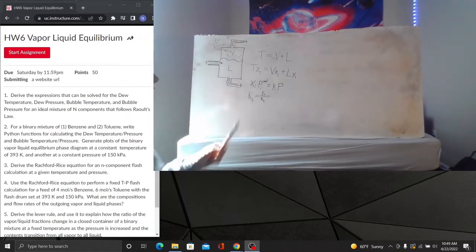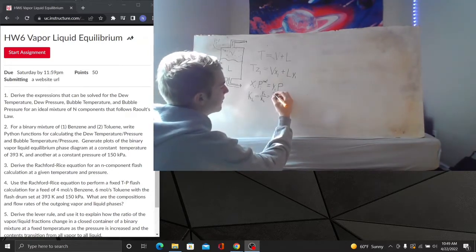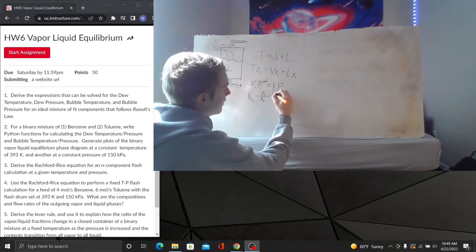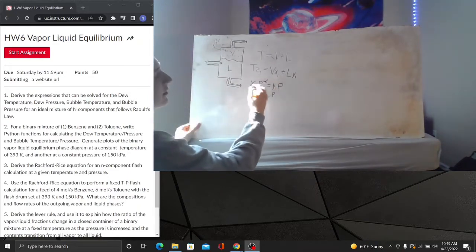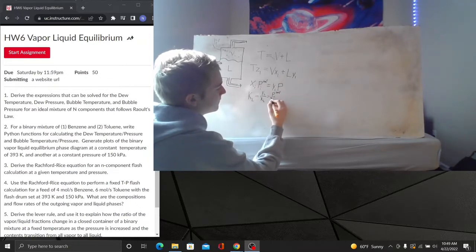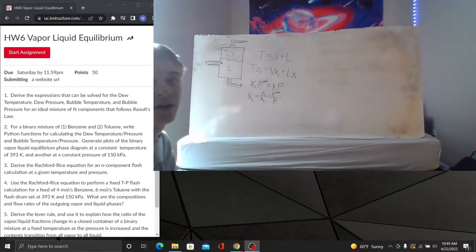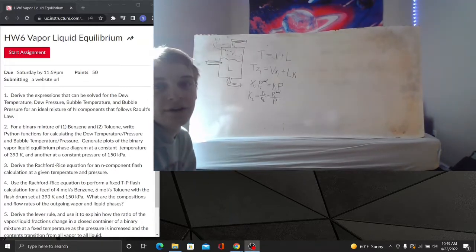And from our Raoult's law equation, we can also tell that this will be equal to the ratio of our pressures if we just divide through as well. And this will become useful soon when we are deriving our Rashford-Rice equation.